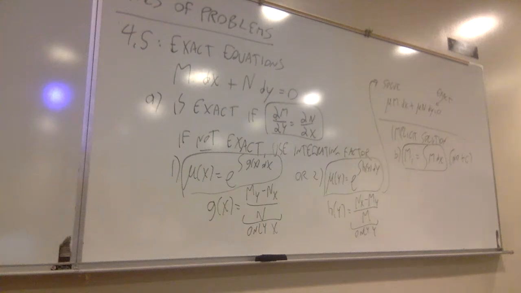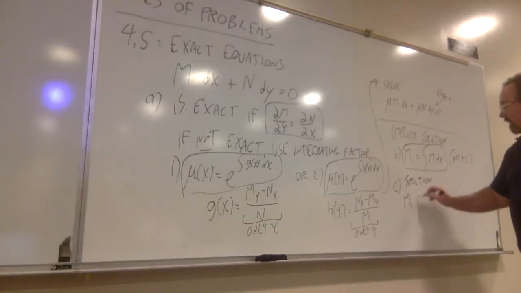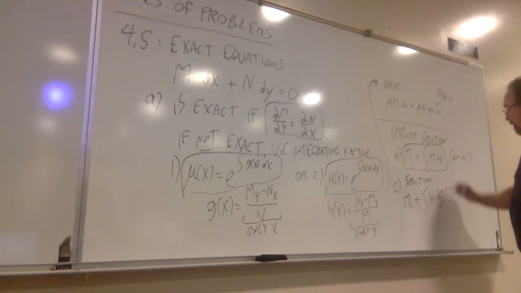So after you work out that integral with respect to x, then you can write down your solution. Your implicit solution is M1 plus the integral of N minus the derivative of M1 with respect to y, dy.